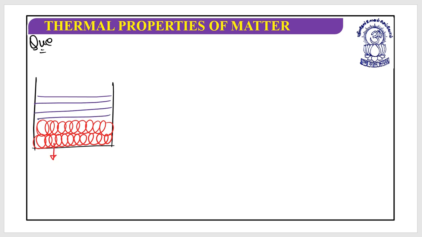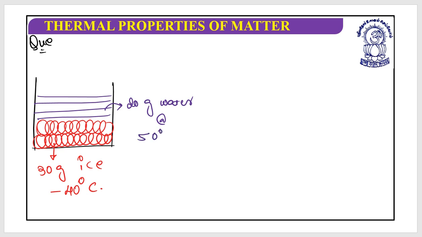Let's suppose this has 30 gram of ice at minus 40 degrees Celsius, and 20 gram of water at 50 degrees Celsius.